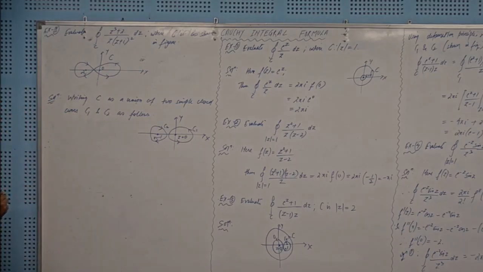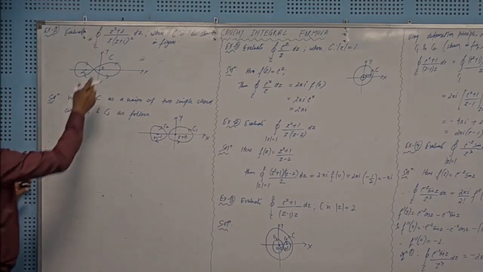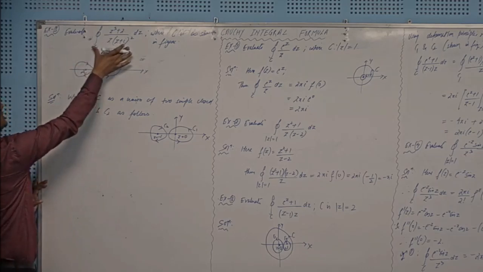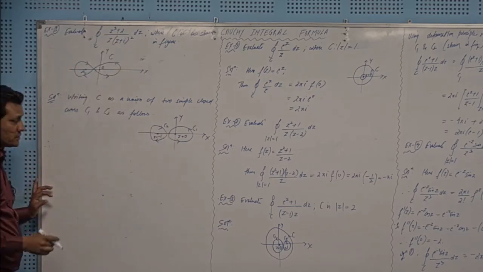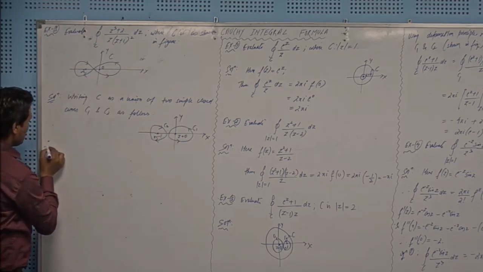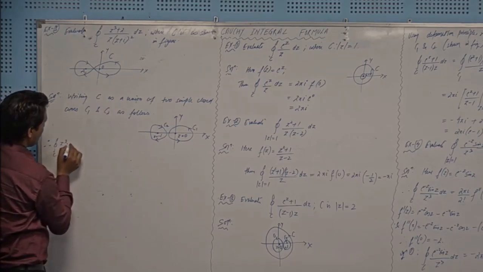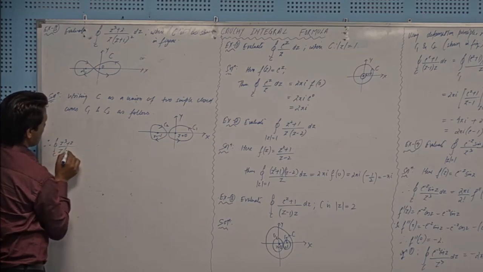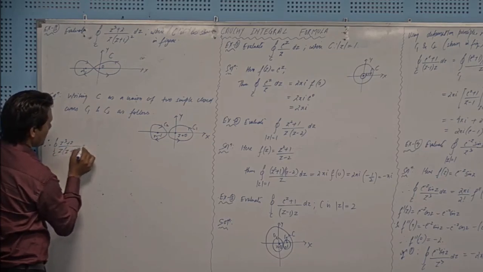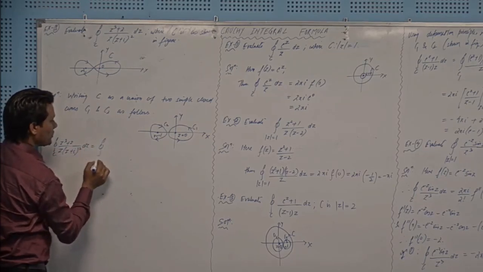Okay. Now, you write this whole integral as a sum of two integrals. Therefore, your integral of z cube plus 2 over z plus iota whole square dz can be written as a sum of two integrals.